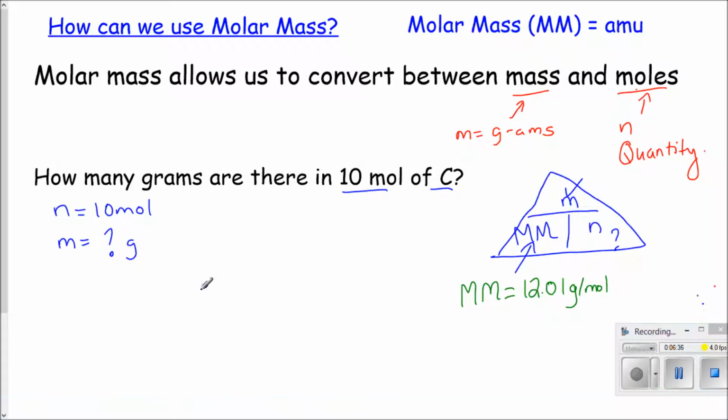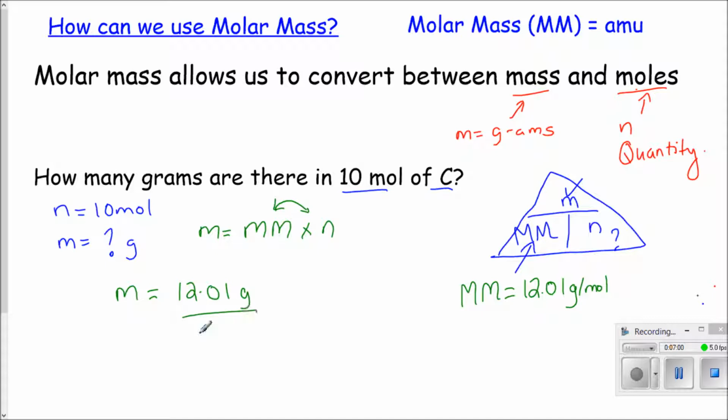So what we would do next is we would say, okay, how many grams are there? Well, mass, if you cover up this part of your triangle, molar mass is right beside n. So that means mass equals molar mass times moles, okay? And we can show that or vice versa. It doesn't really matter which one goes first. So what we're going to do is we're going to find our mass, and we take our molar mass, 12.01 grams.